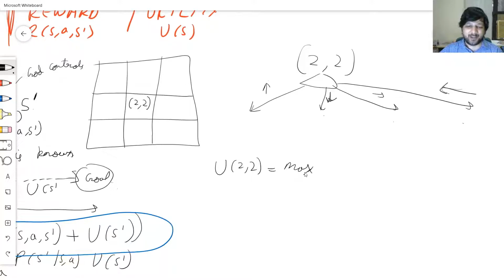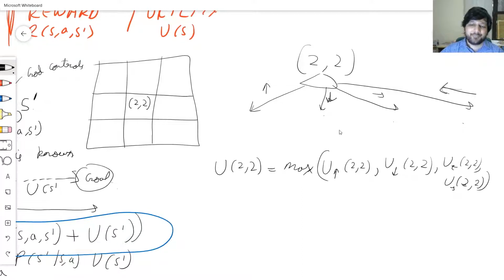I'll get 4 expressions. So it's the maximum over the utility of taking the action up at 2, 2, the utility of taking the action down at 2, 2, the utility of taking the action left at 2, 2, and the utility of taking the action right at 2, 2. Now God controls which state I reach, and I can reach any one of three states.